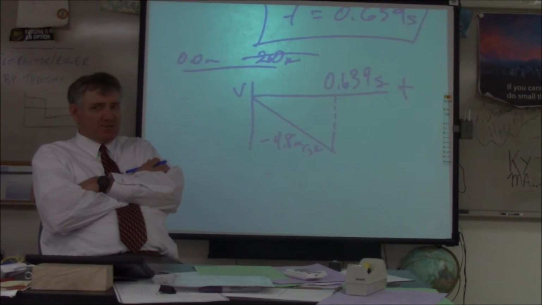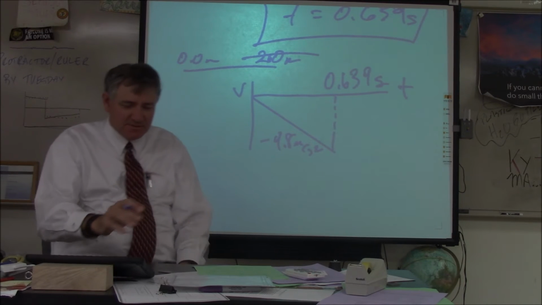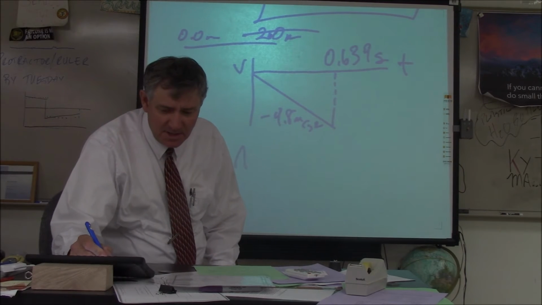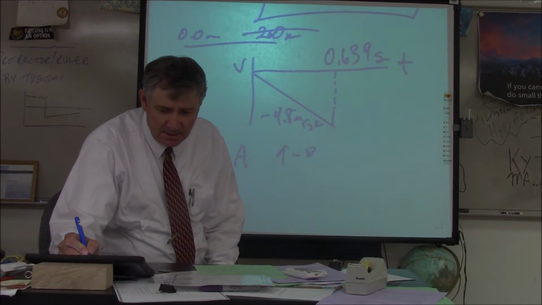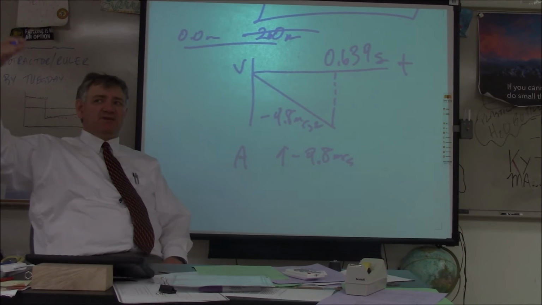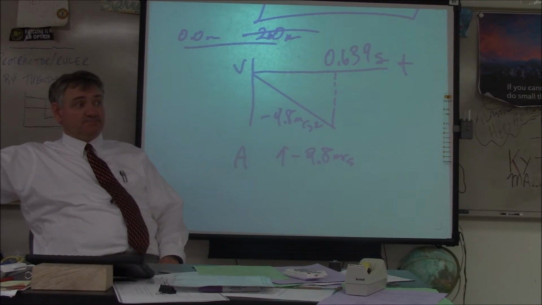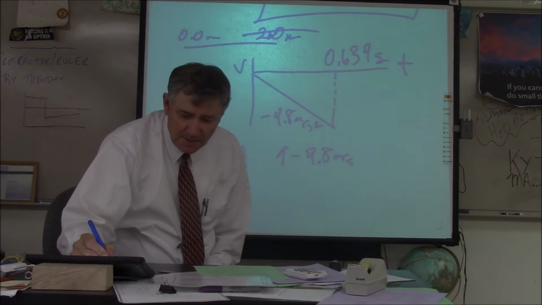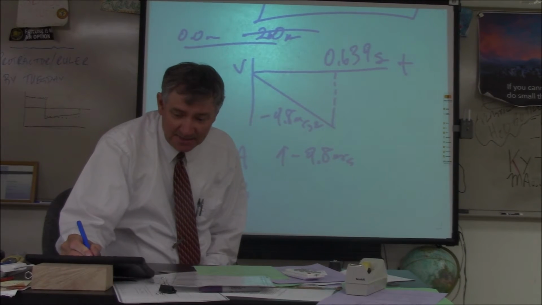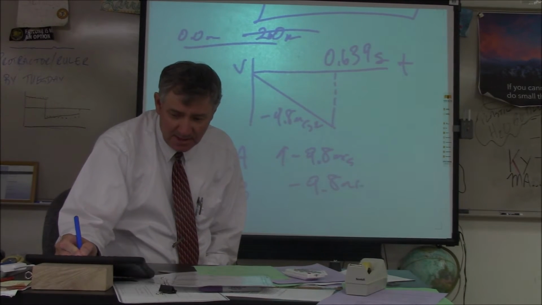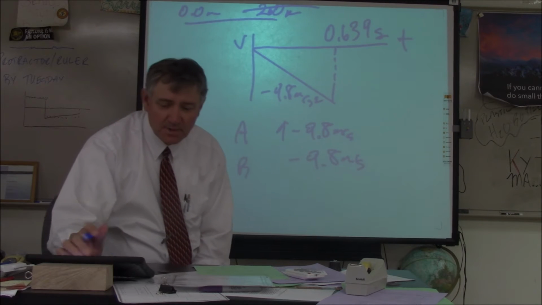Okay? I want to figure out how fast it's going at the point of impact. Now, here's my question. Here are your options. Option A is that it's going faster than -9.8 meters per second. Maybe like -10, -12, something like that. Option B is going exactly at -9.8 meters per second.